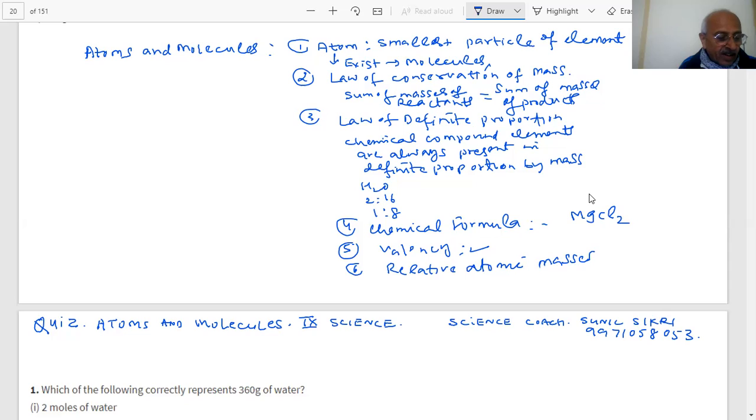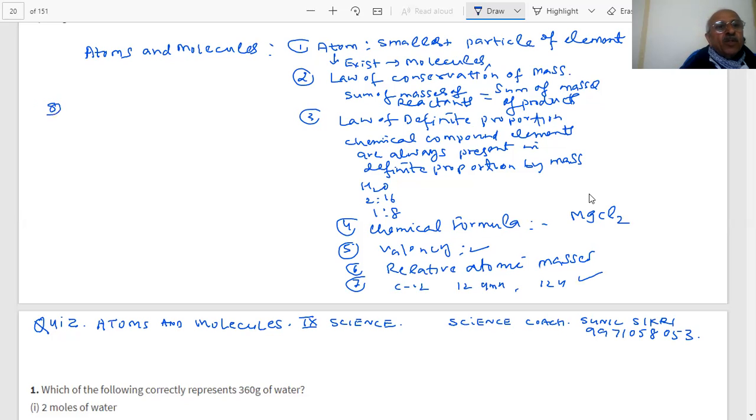The standard chosen is the relative atomic mass of carbon 12. Carbon 12 is taken as 12 AMU or 12 u, and with this we compare the relative atomic masses of all other elements.